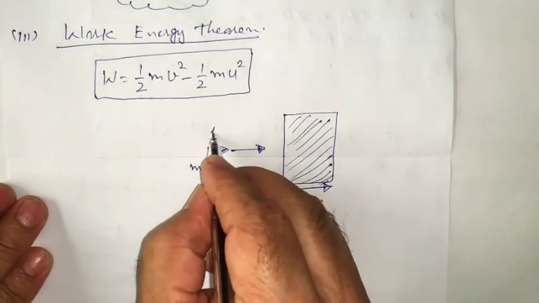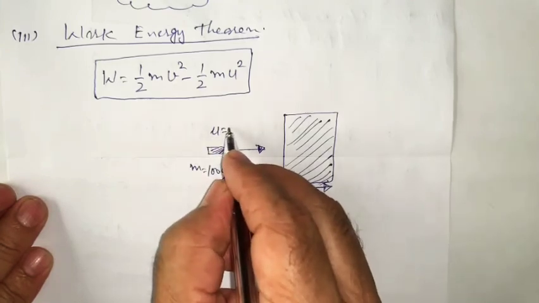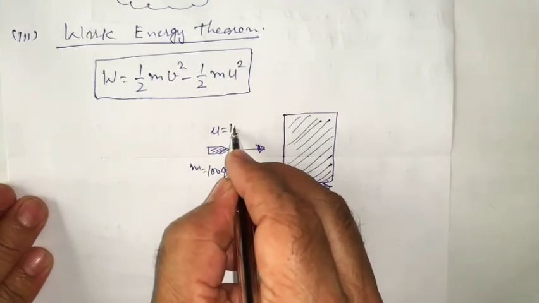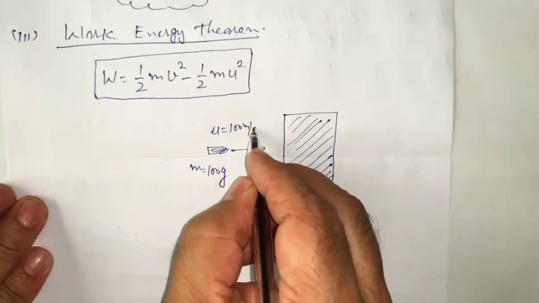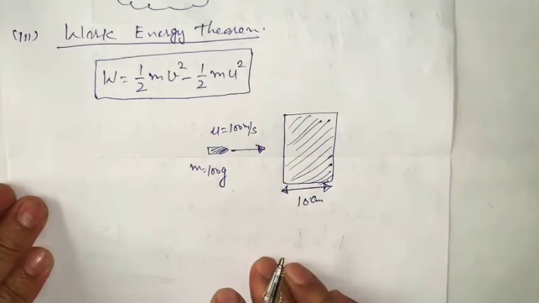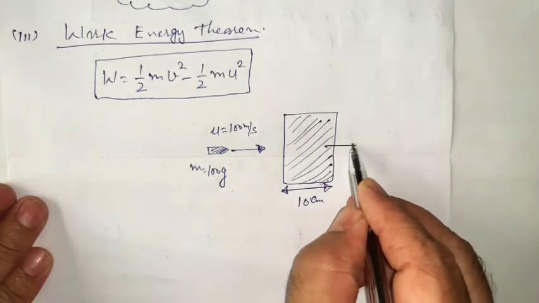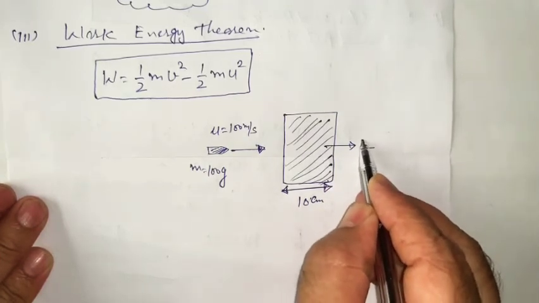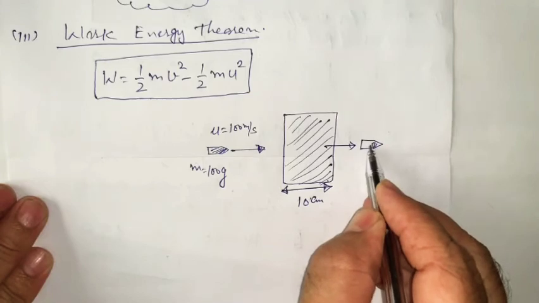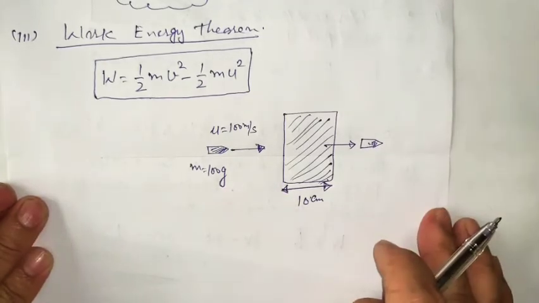The bullet is moving with a speed of say 100 meter per second, and the bullet crossed the plank.